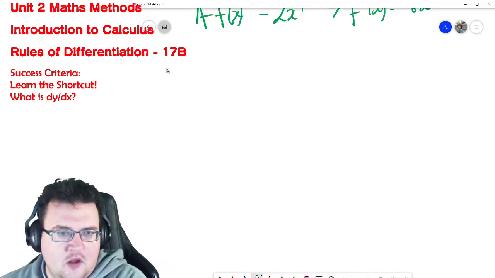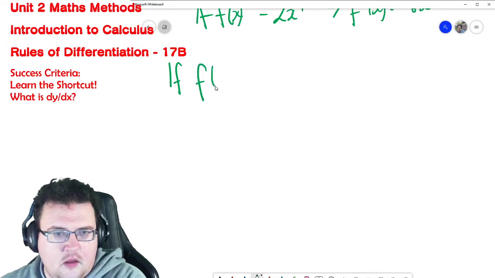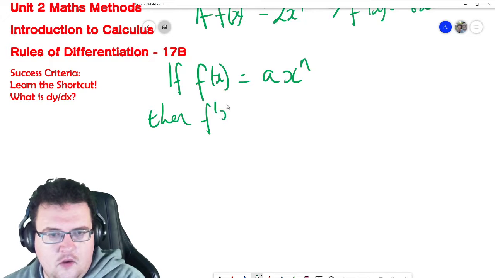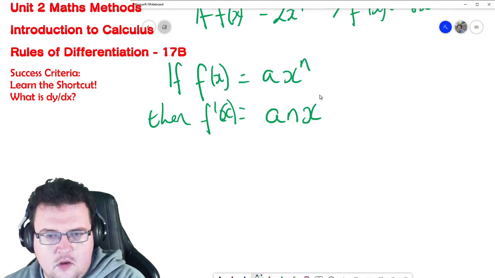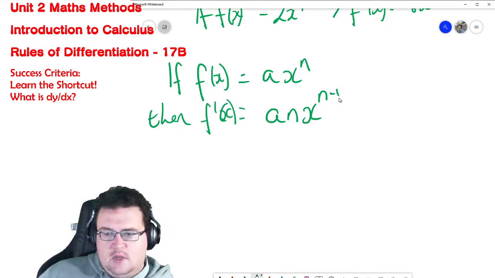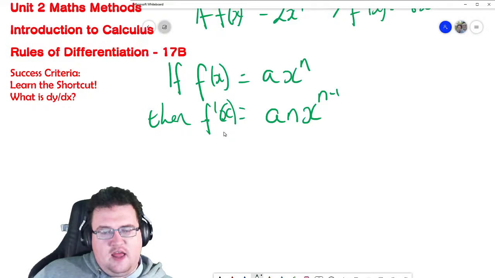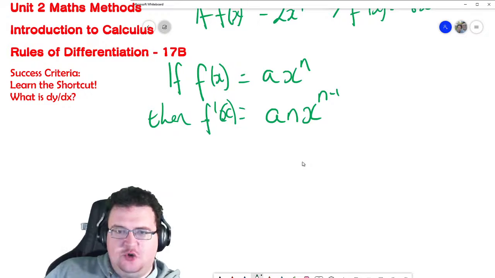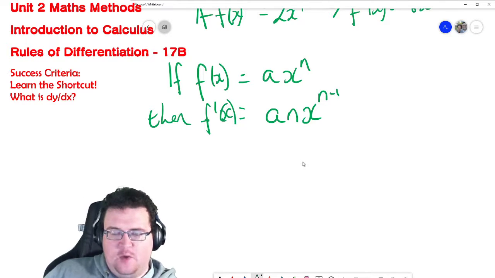All right. So this leads us to this. If f of x is ax to the power of n, then f dash x is going to be equal to anx to the power of n minus 1.